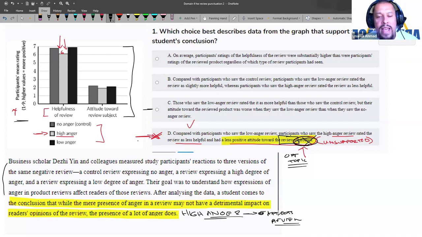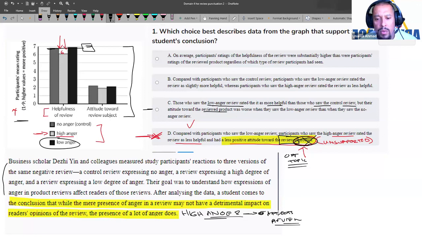And then you told me answer C, Mr. Noor. Those who saw the low anger review rated it as more helpful than those who saw the control review. So this is the low anger review, and this is the control review. Is it more helpful? I think they are equal to each other. But their attitude toward the reviewed product was worse.